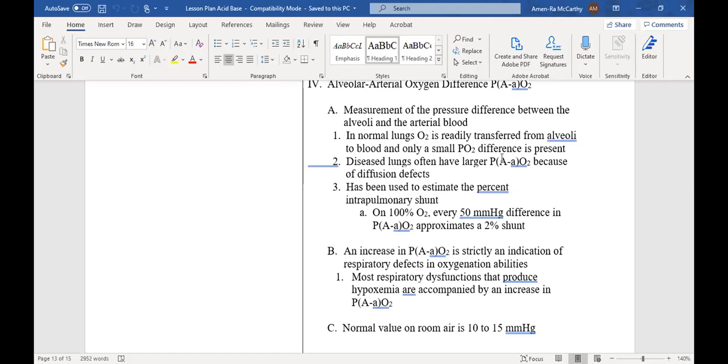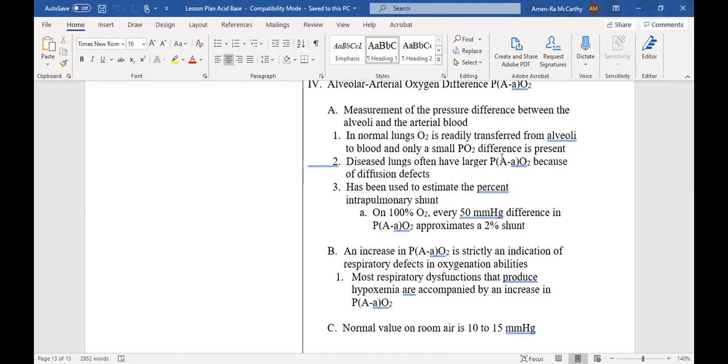An increase in the Aa gradient is strictly an indication of respiratory defects in oxygenation abilities. Most respiratory dysfunctions that produce hypoxemia are accompanied by an increase in the Aa gradient. So all of your pulmonary diseases are going to have a greater Aa gradient than normal lungs.